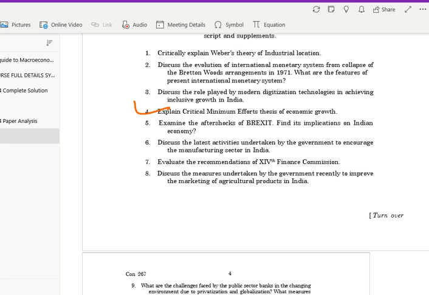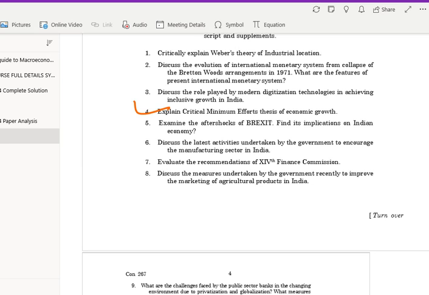So how to attempt this question? First you need to give an introduction and then you have to give a conclusion.